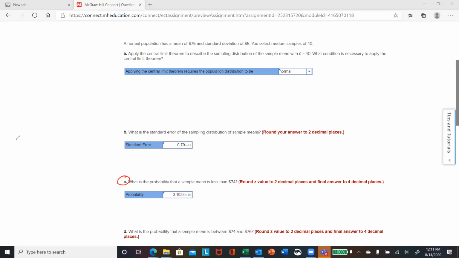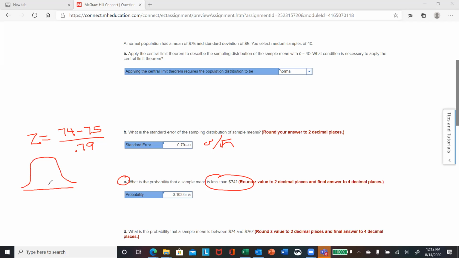On C, you would take your Z value, which is 74 minus the population mean of 75, and then divide that by 0.79, because remember, this is your sigma over the square root of n. In this case, they want less than 74. If I draw that out, we know that 75 goes in the middle, and then there's 74. They want to the left of 74.